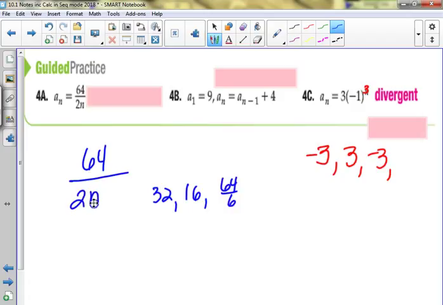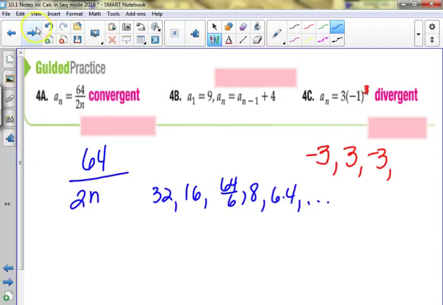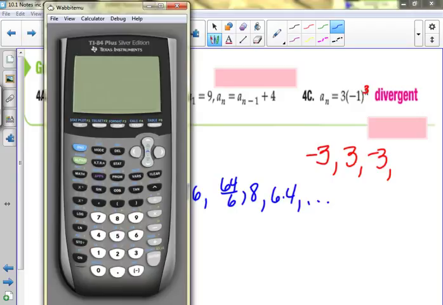If I put a 4 in there, 64 divided by 8. If I put a 5 in there, 64 divided by 10. Is it going to get smaller and smaller and smaller, closer to 1? It's never going to become negative, right? So this one is convergent. Can't we find what? You want me to graph that one on the calculator?